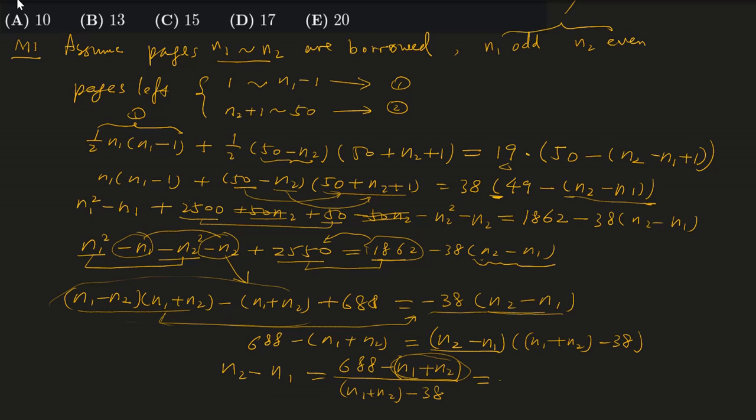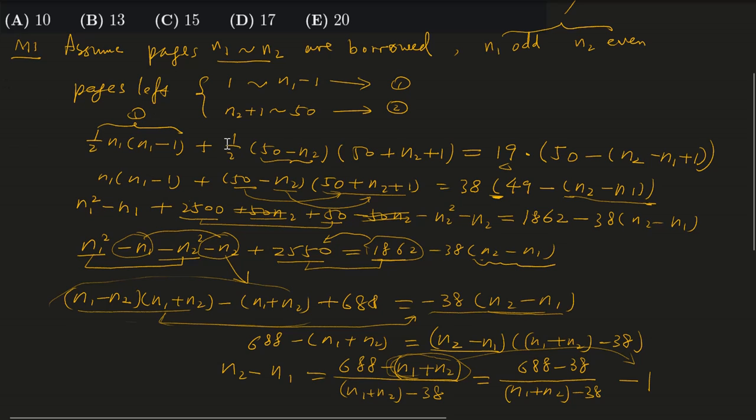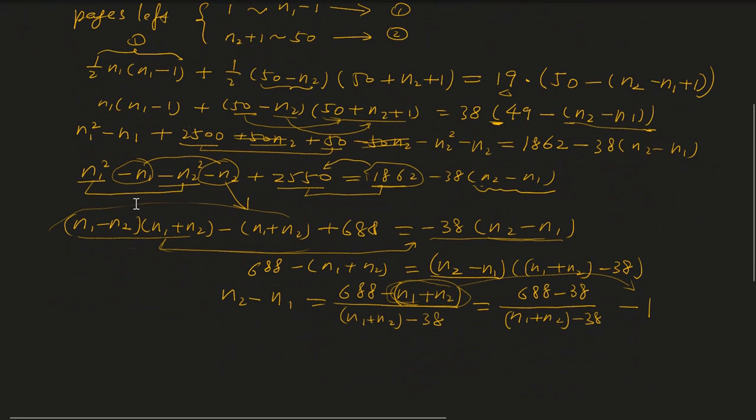Therefore, that equals 688 minus 38 divided by n1 plus n2 minus 38, and then minus 1. This minus 1 is from this term. Good. So let's continue cleaning up. So this equals this 650 divided by n1 plus n2 minus 38 and minus 1.